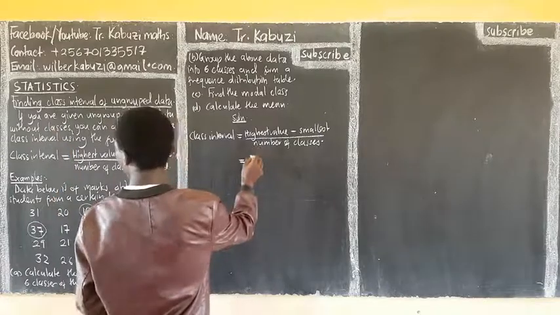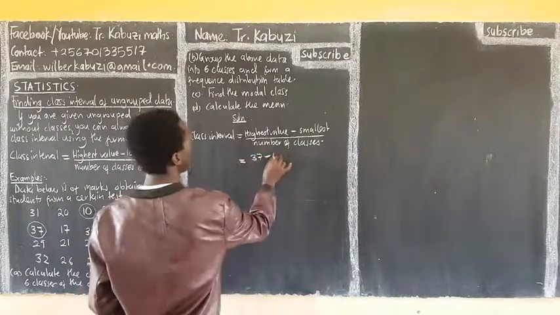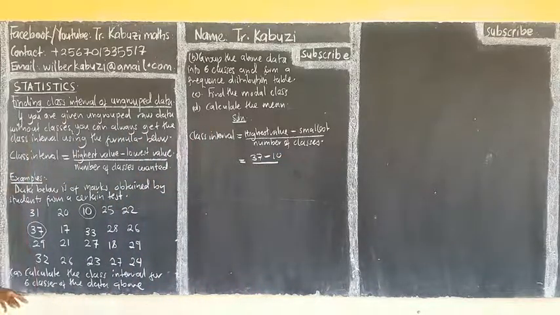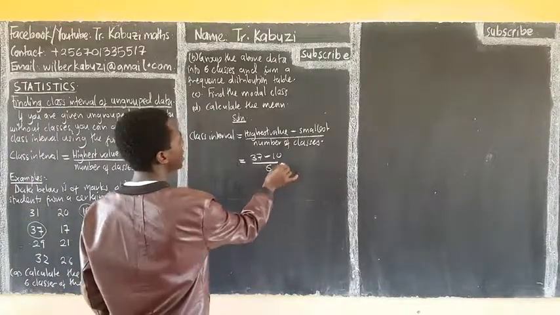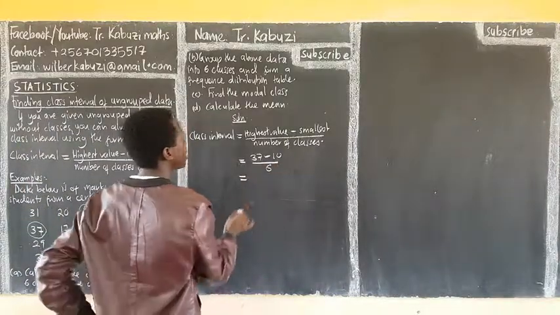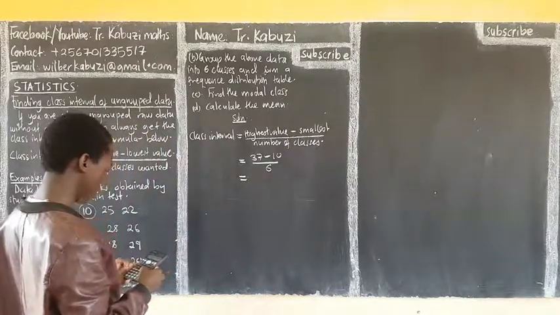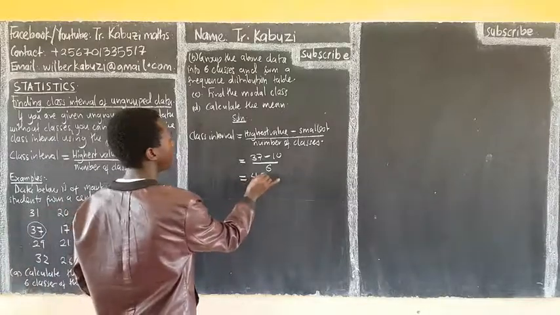So the highest we have seen is 37 minus the smallest, which is 10, over now the number of classes. We want 6 classes. And so this one is going to give us 27 divided by 6. So the answer I'm getting is 4.5.